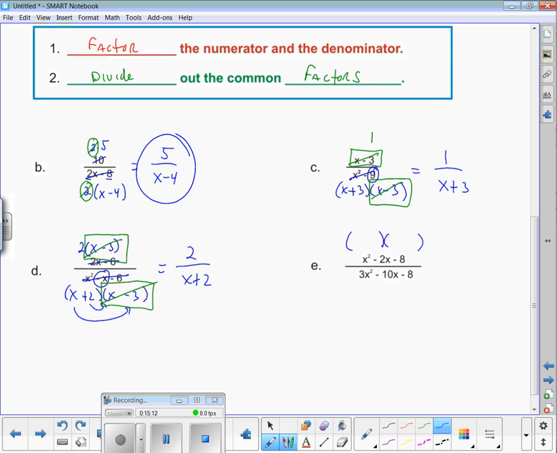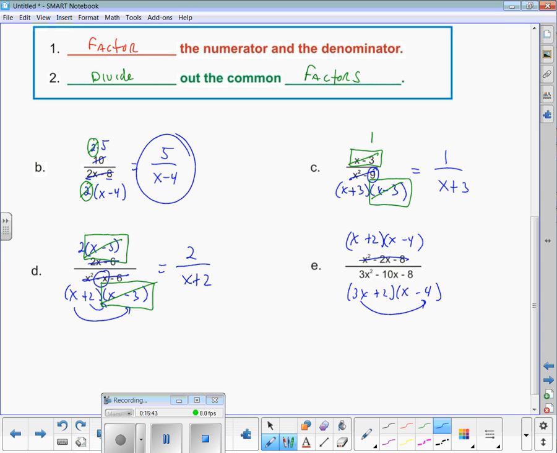Trinomial on the top, x and x. What do we got here? -4, +2. That gives me a -2x in the middle. All right, that's the top. Bottom, 3x and x. All right, I need a -10 in the middle. How about -4, that gives me a -12, plus 2 is a -10.